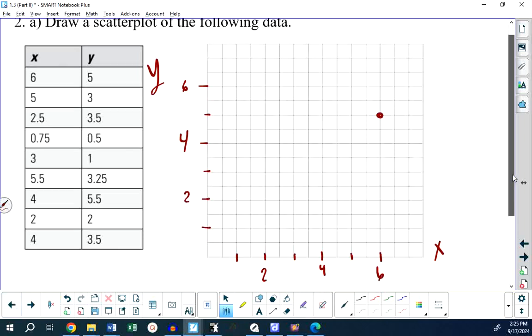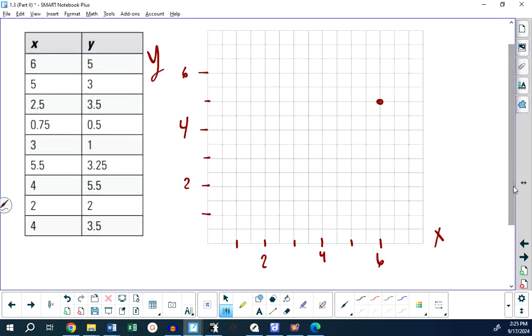All right. 5, 3. 5, 1, 2, 3. 2.5, 3.5. 2.5, 3.5. 0.75, that's kind of an ugly one. 0.5. I mean, you can see it's positive, right? It's starting to take shape. 3, 1.